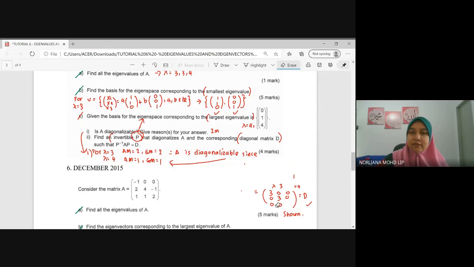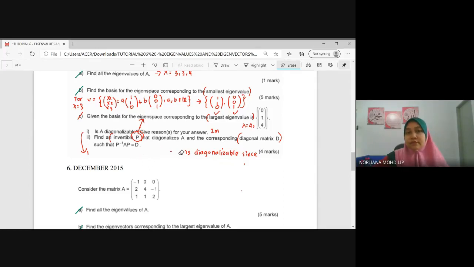Okay, C. Given the basis for eigenspace corresponding to the largest eigenvalue.